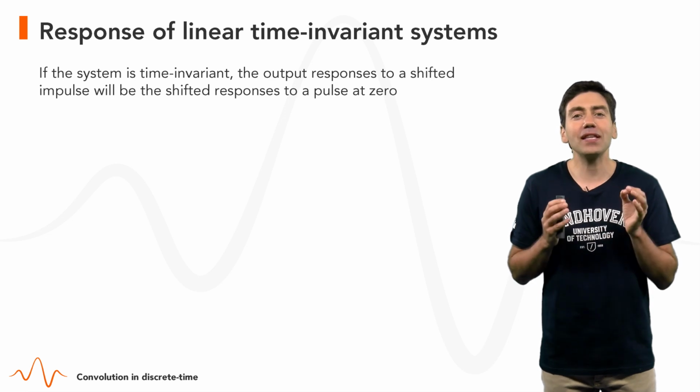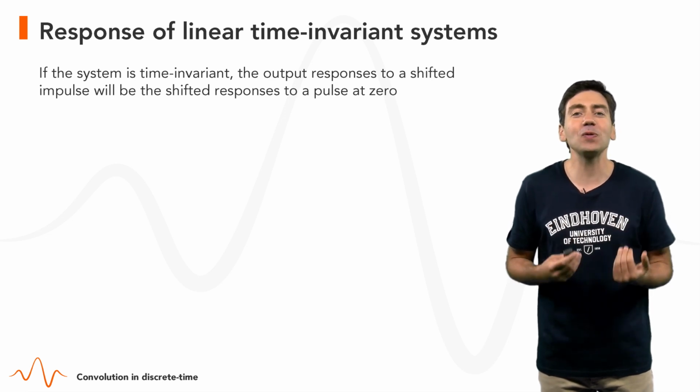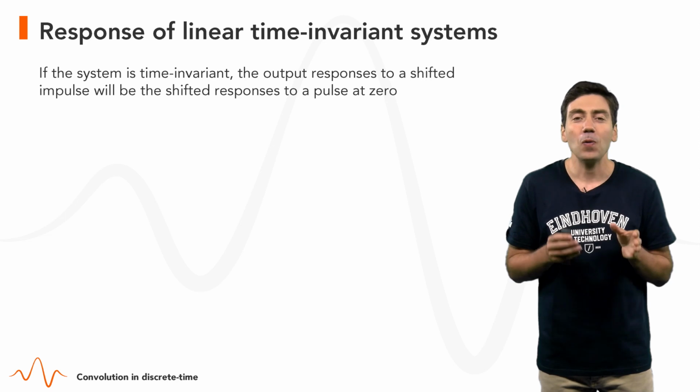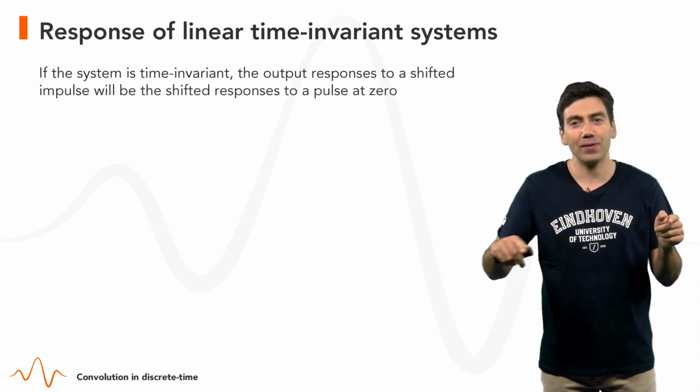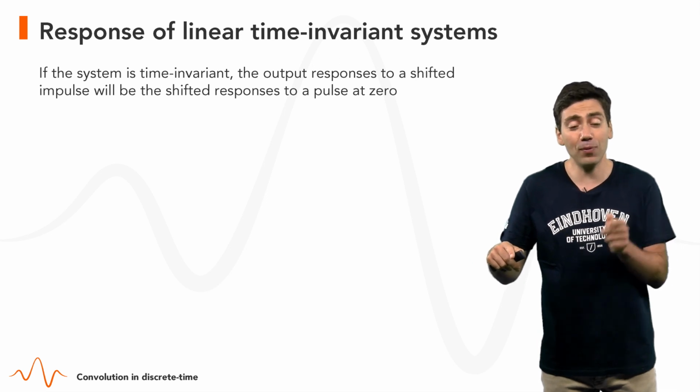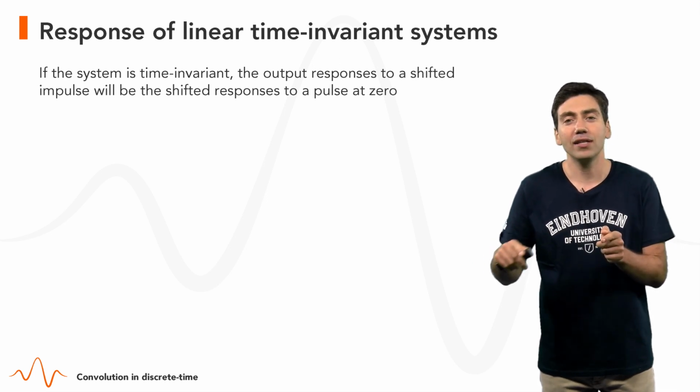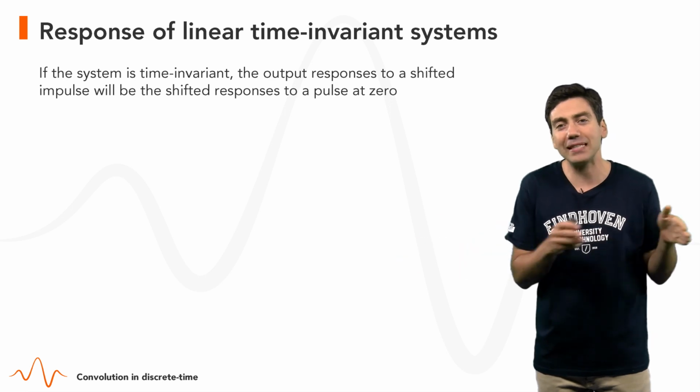If additionally to linearity we also assume time invariance, we know that if we apply an impulse at time 0 and we get a given response, if we apply an impulse at time t0, we get the same response but shifted by t0.